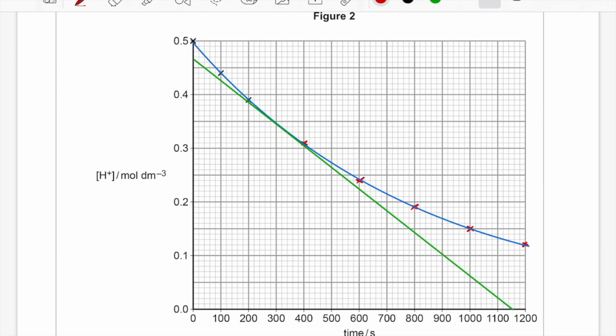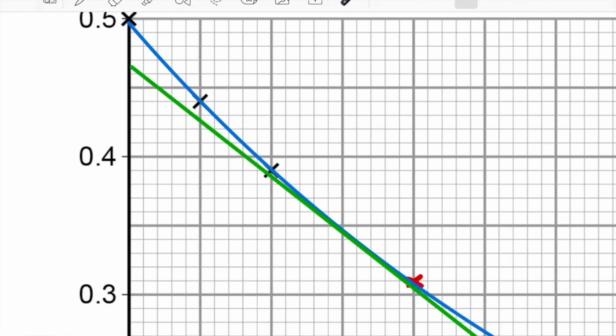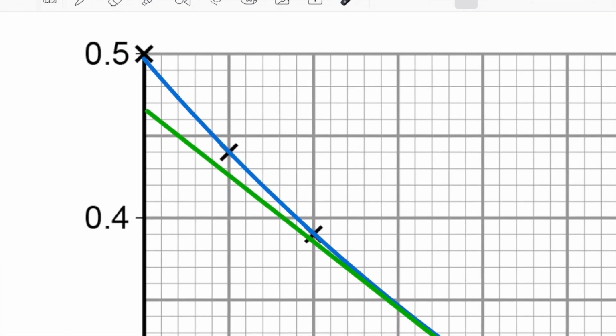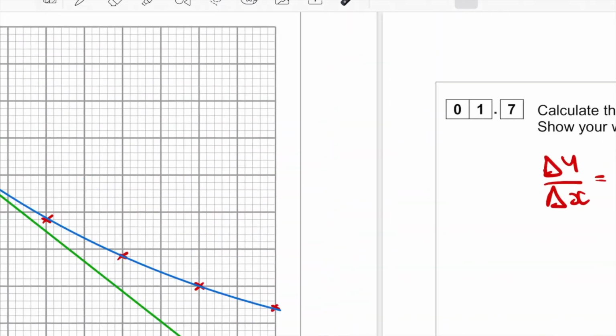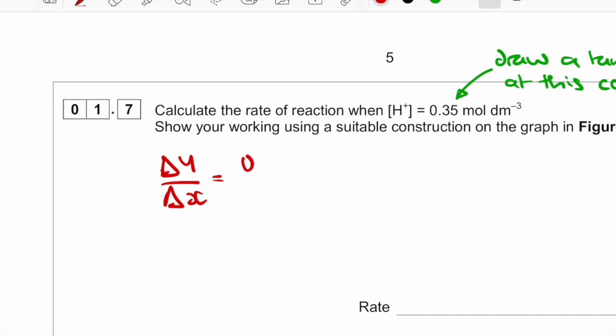So my change in y, well, easy. I've got a 0, so that makes life a bit easier. So I just need to look at where it crosses the y-axis, and that's 0.45, 0.46, and that is halfway, so 0.465. So my change in y is 0.465.